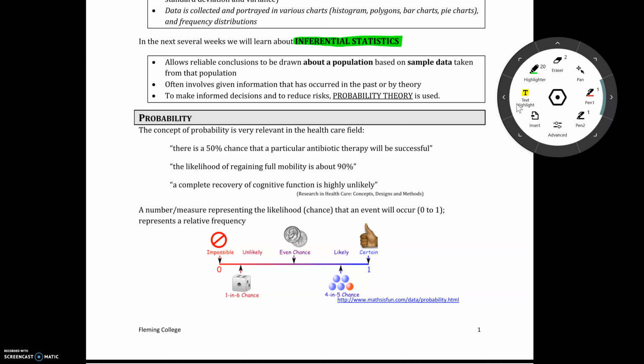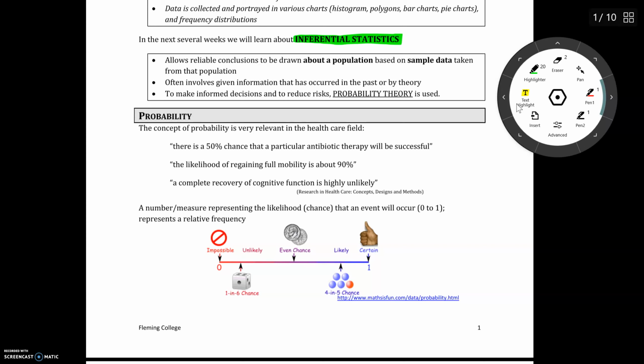The first thing that we need to realize is probability and percent go hand in hand. So the fact that something has a 50% chance of happening means the probability that the event happens is 0.5000.